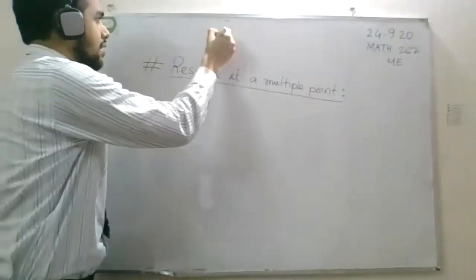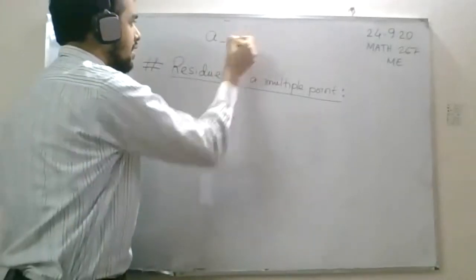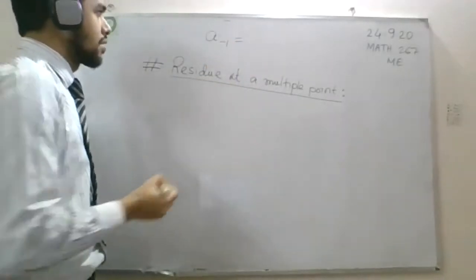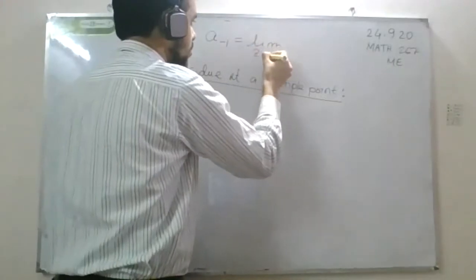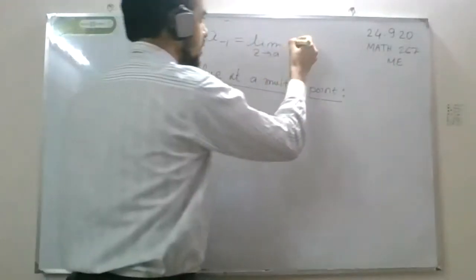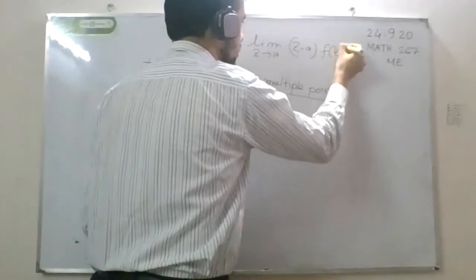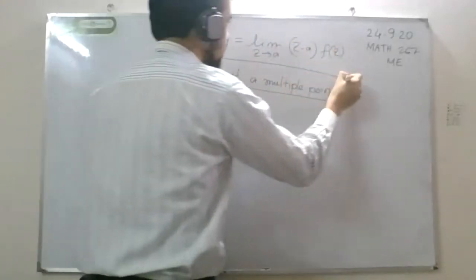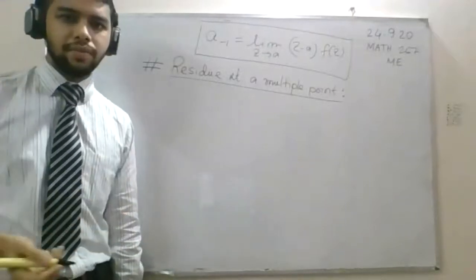It is a minus 1 equals limit z tends to a, z minus a into f. So this is the residue for a simple pole of a complex function.